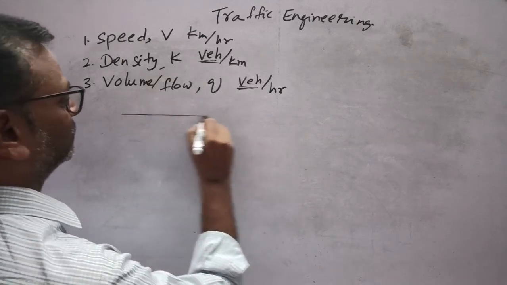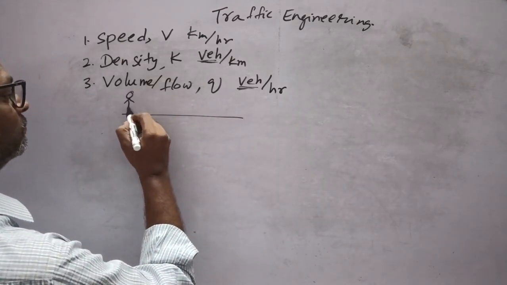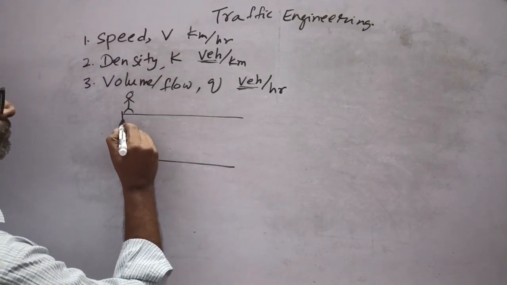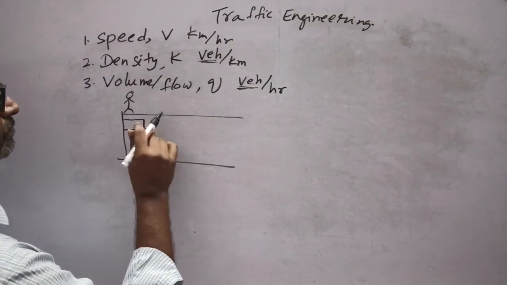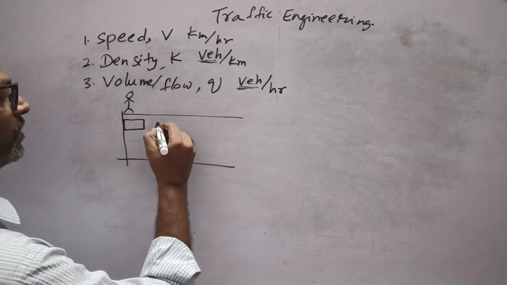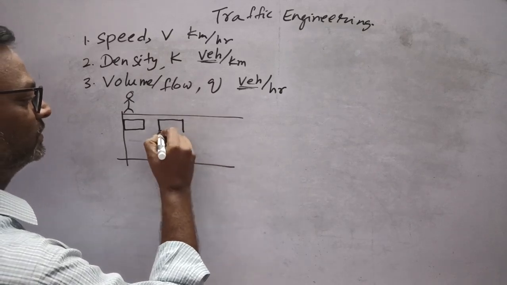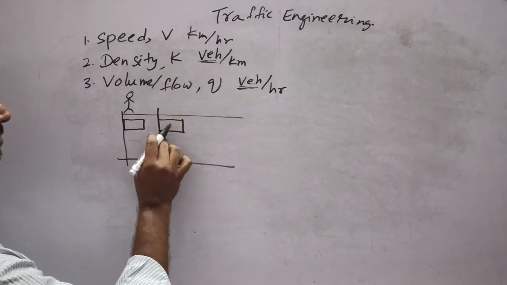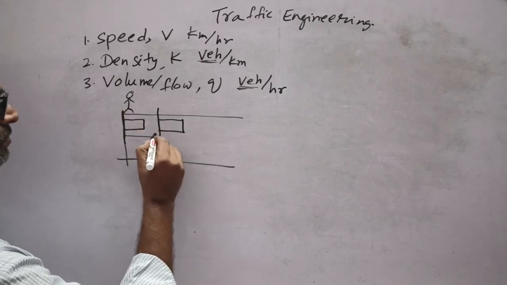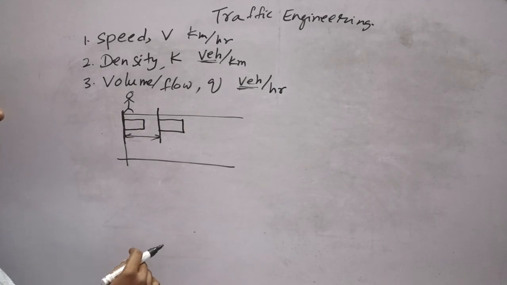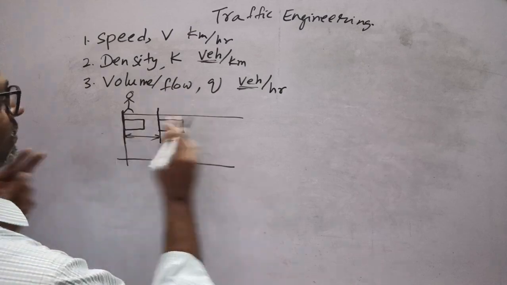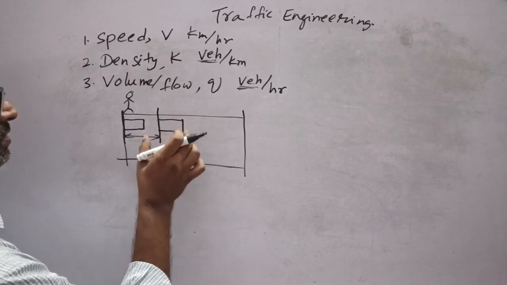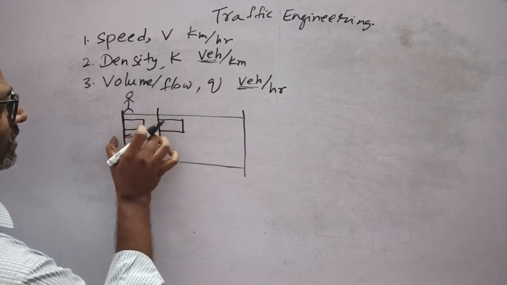Suppose similarly there is an observer here who takes data regarding vehicle to vehicle, what is the space gap, meaning from the rear bumper to this rear bumper, from aerial photograph or by counting using CCTV cameras or video cameras. We are counting the lengths.